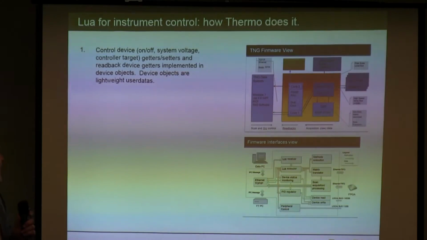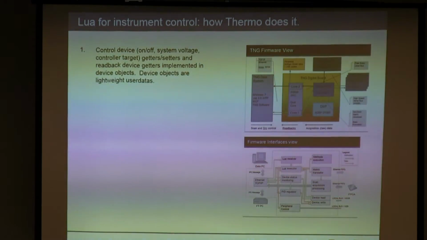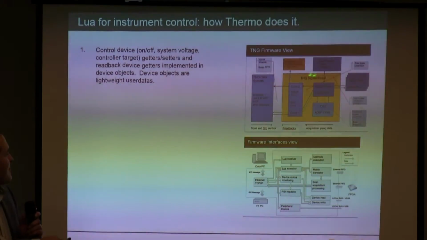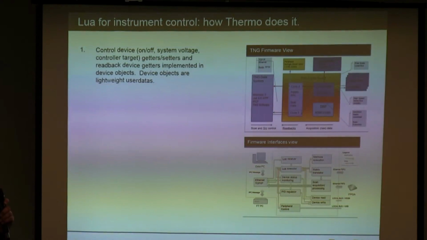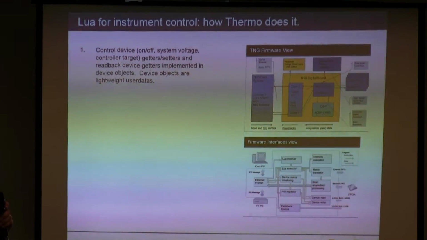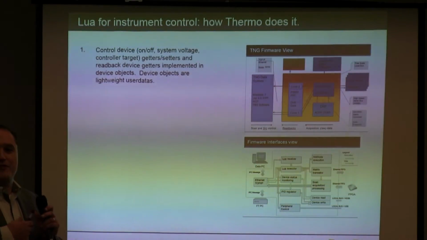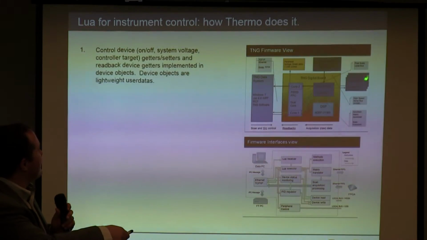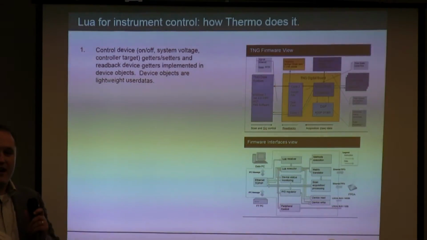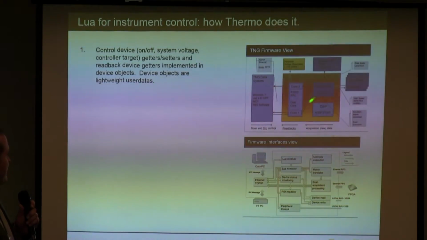So now on to, how does Thermo use Lua to control these things? We have a lot going on, to the extent where you almost say we don't. You have to control a lot of voltages all at once, so there's a DSP that we rely on, dedicated just for that.